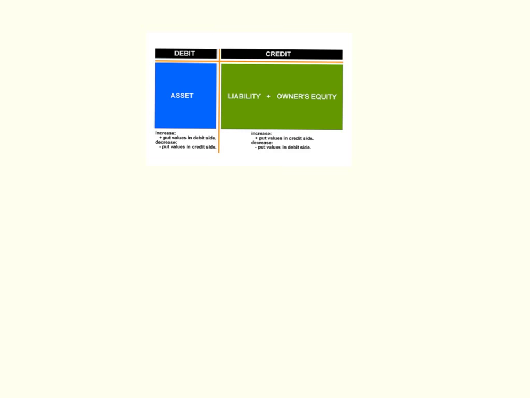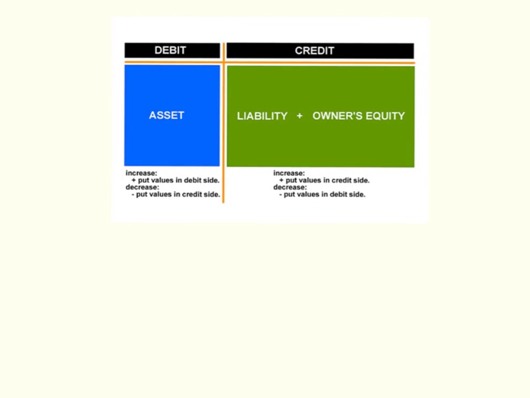Now I want you to take a look at this right here. Do you see the T? It shows the debit on one side and the credit on the other. Now remember, debit only means what? Left. Credit only means right. Do not get this confused with when you do any banking and you get a credit from the bank or your account is debited.